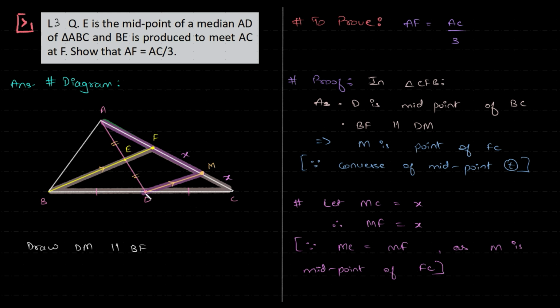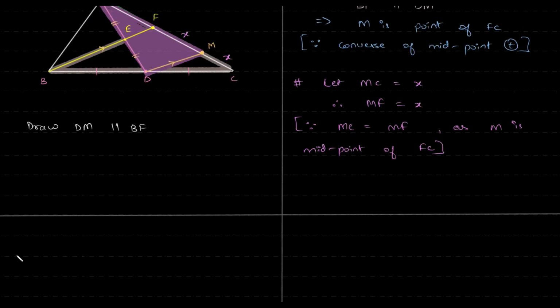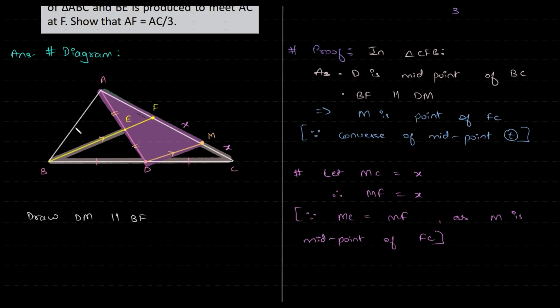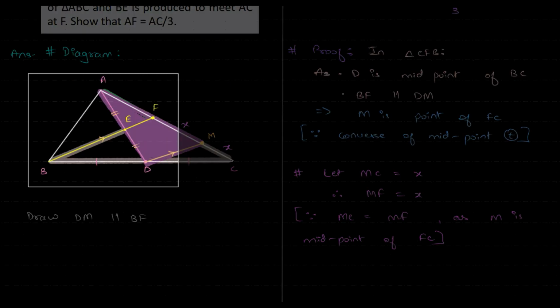Which triangle is that? Oh yeah, this. So now I'm considering this triangle, ADM. So remember, we have quite a few things which are similar to whatever we wrote. We just have to rewrite that. We need to actually take a picture, otherwise it'll be difficult.